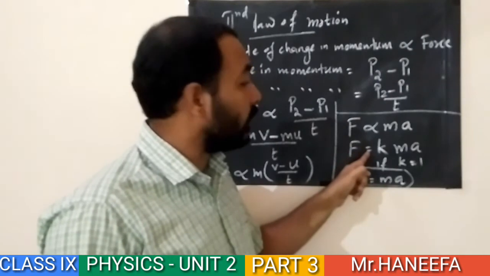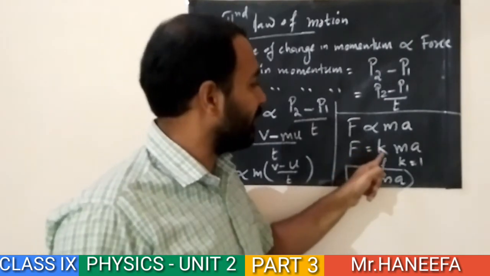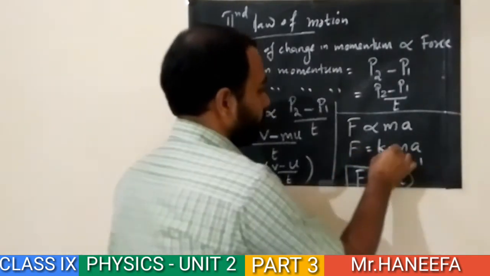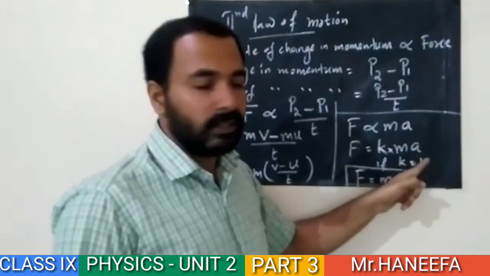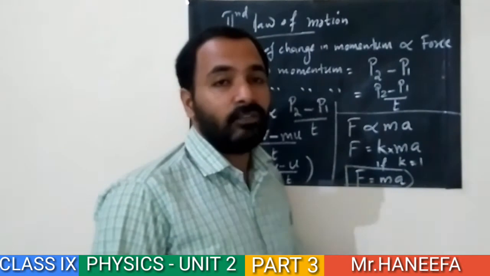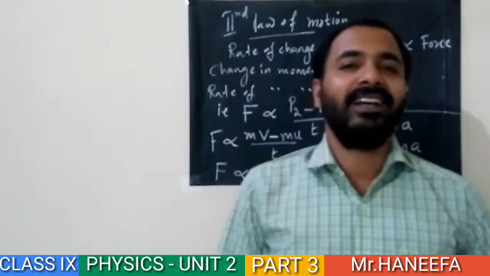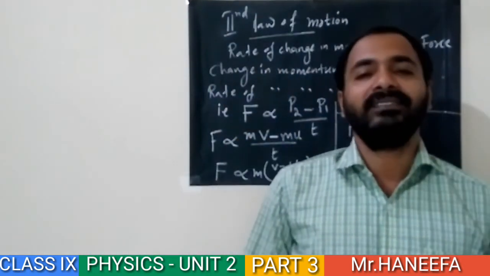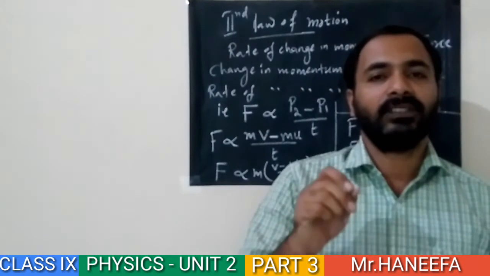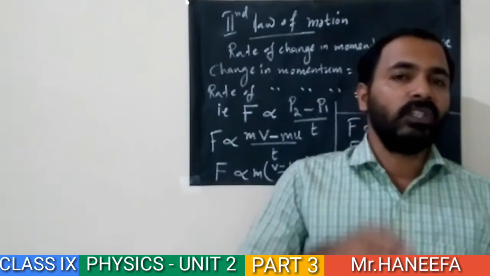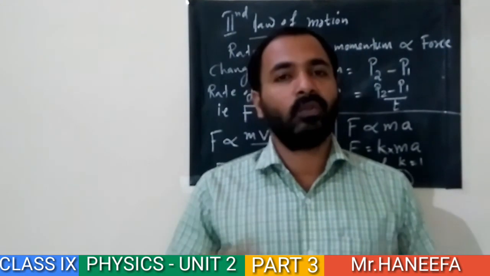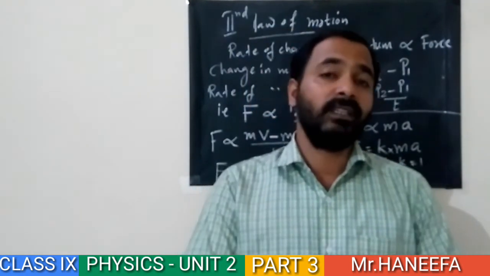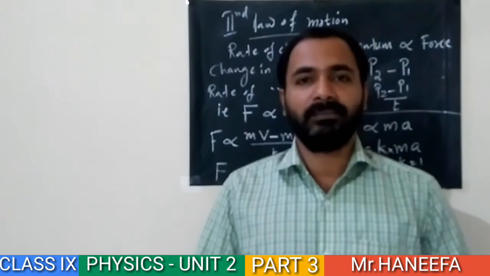So F equal to a constant k into m a. Here the value of k is 1. So we can write F equal to ma. This is the equation to find force. Okay. Using these equations, we have to solve many problems in this chapter.